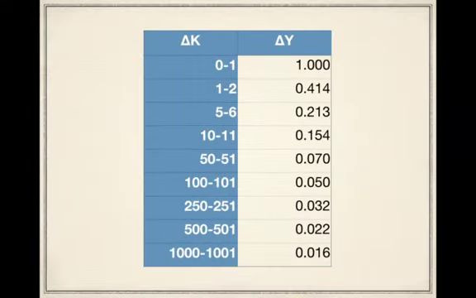In other words, the first unit of capital causes 1 unit of output. The 1,001st unit of capital causes 0.016 unit of output. Does this all fit with our understanding about the world of diminishing marginal returns? It absolutely does. And so that is why we have an alpha equal to 1 half.